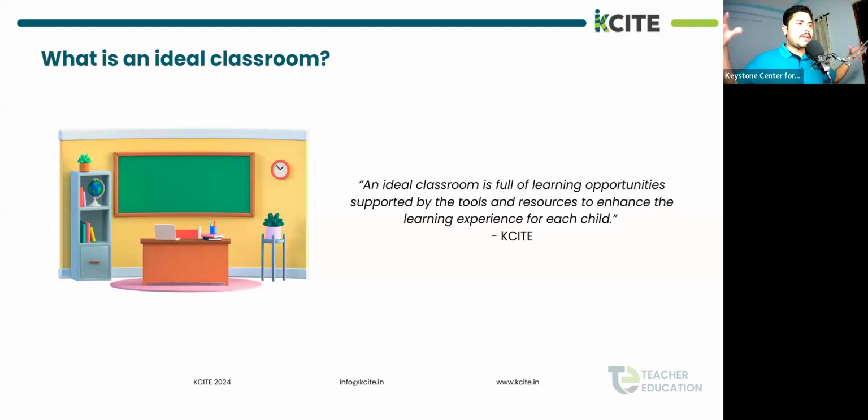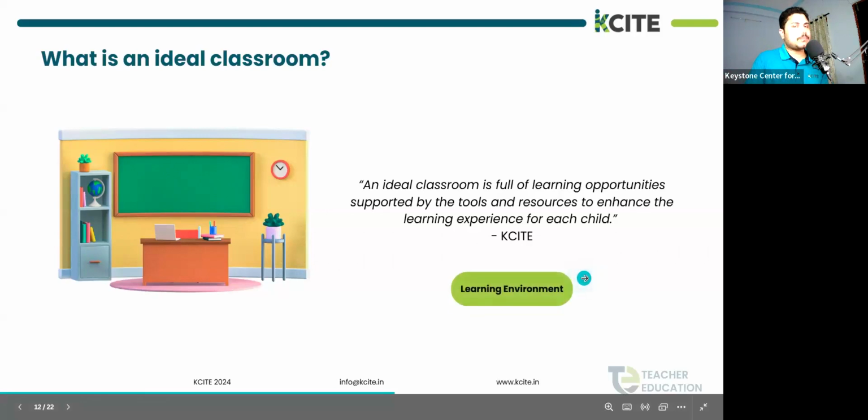So every classroom, even this room where I am sitting, if you transform this room into a classroom, and there are students here, even this room will have opportunities for them to learn and understand something. I know there are only blank walls here, but I'm here as a teacher. So what strategies, tools, and resources I'm offering them, that becomes a learning opportunity for them. And that will ultimately contribute to the learning environment.